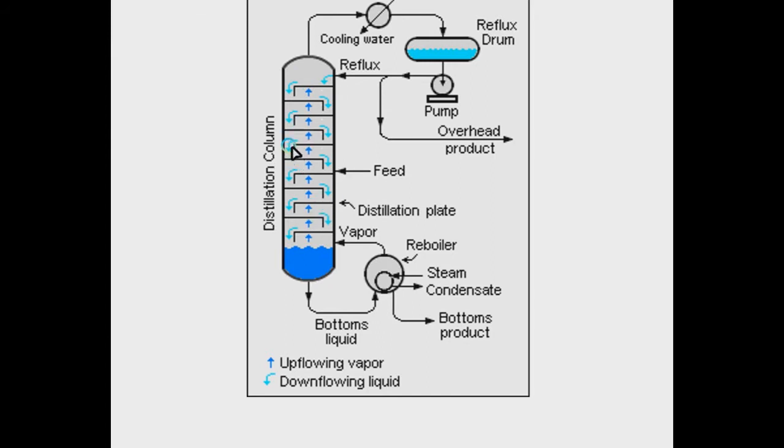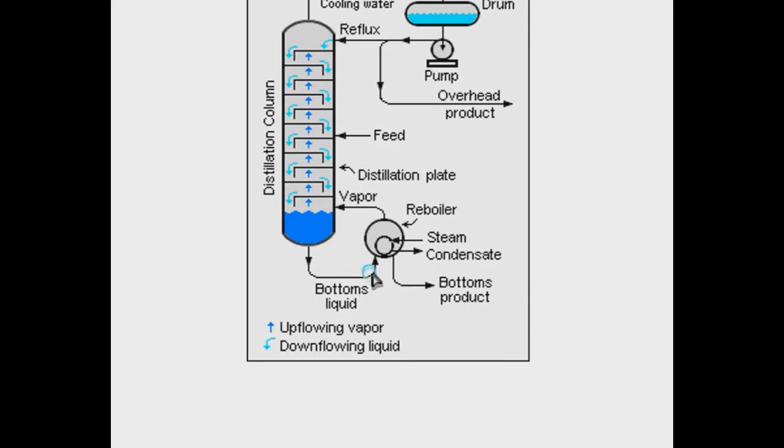Or these spaces act as a downcomer for the liquid that is moving downside, or as an upcomer for the vapors that move upside. In this, steam or condensate is used, and the bottom products in the form of liquids are separated, while the high volatile vapors are separated.